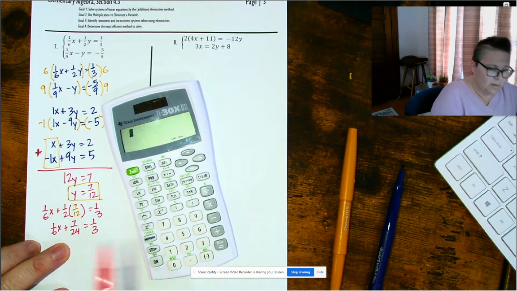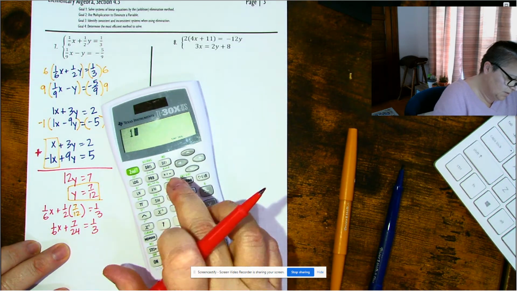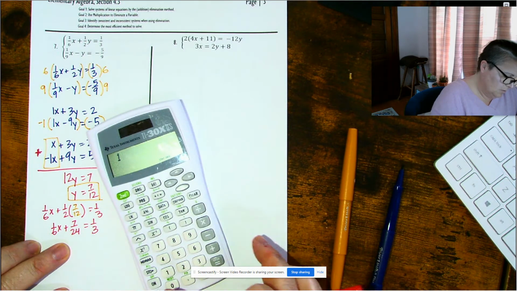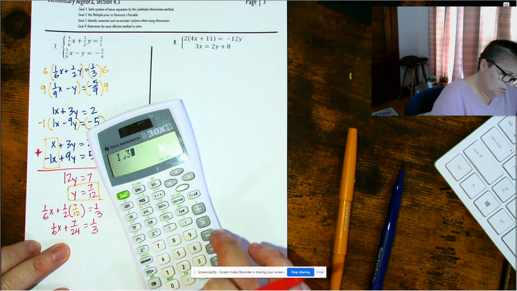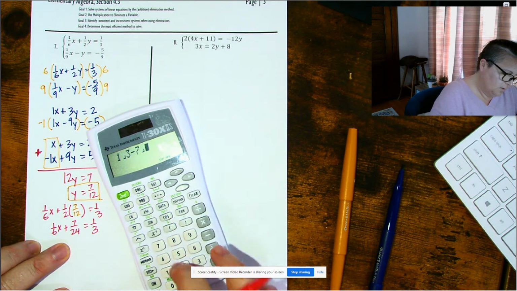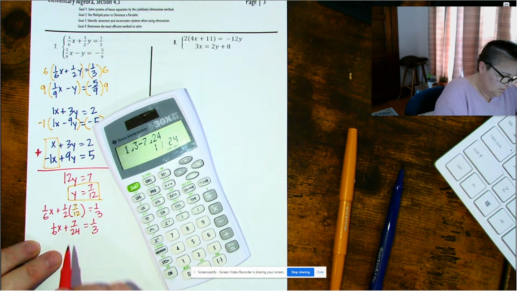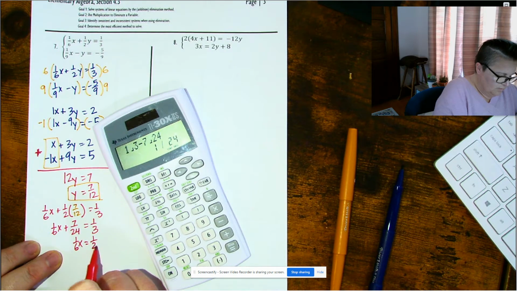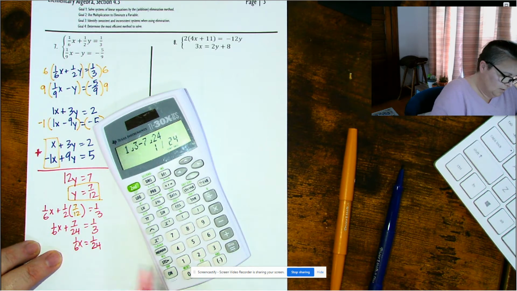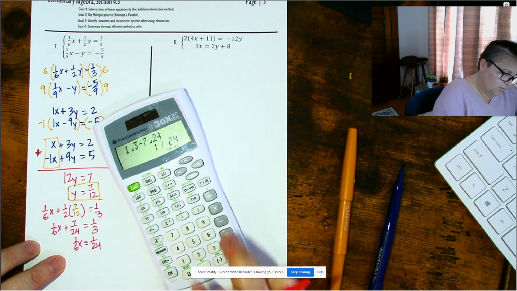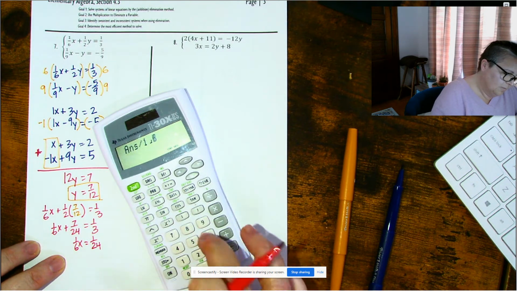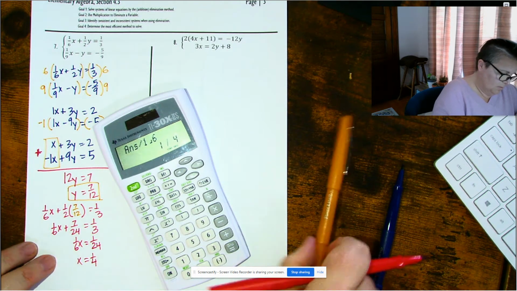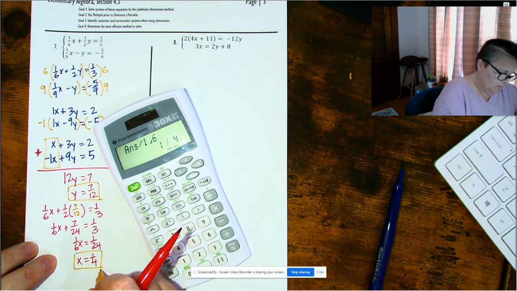I'm going to subtract 7/24 from both sides. 1/3 minus 7/24. So I have 1/6x is 1/24. Now I'm going to divide 1/24 by 1/6. And I get x is 1/4.